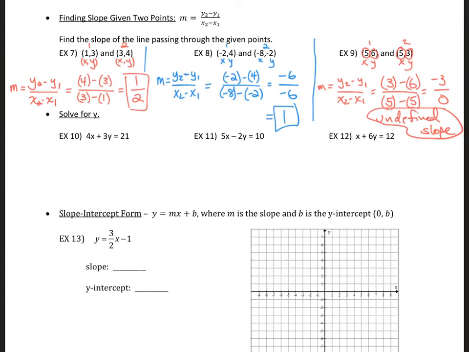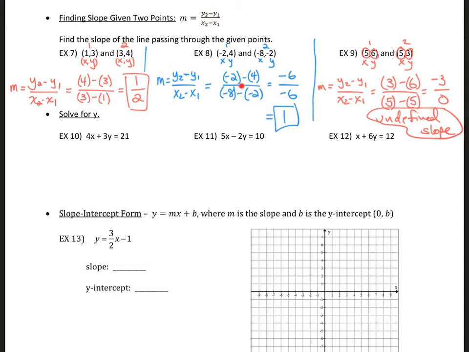Ta-da! All right, so with example 8, you can see where y2 came from, y1 came from, x2 came from, and where x sub 1 came from. Now the only thing that you must absolutely remember is that these minus signs are, in fact, in this formula up here.